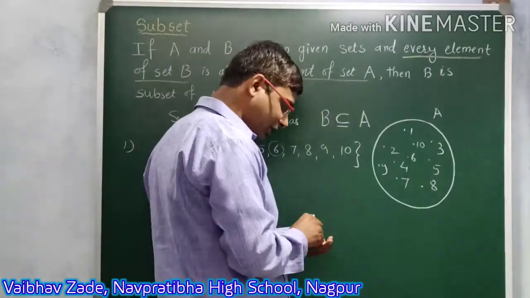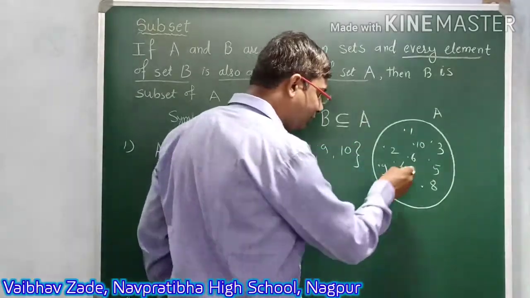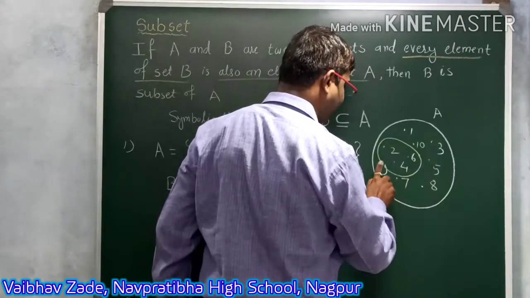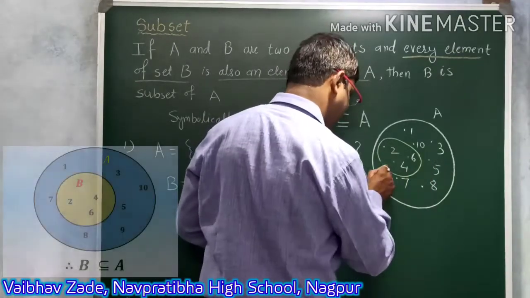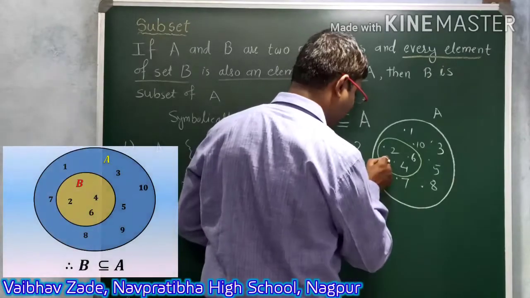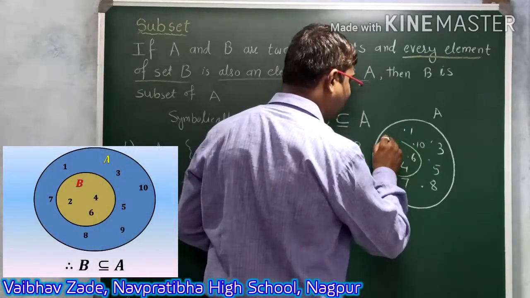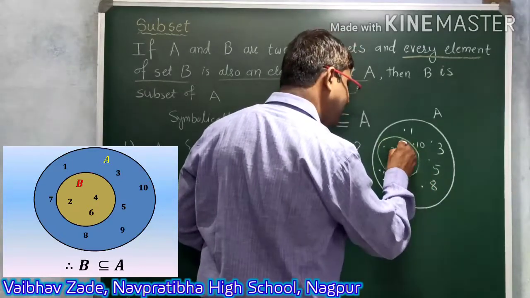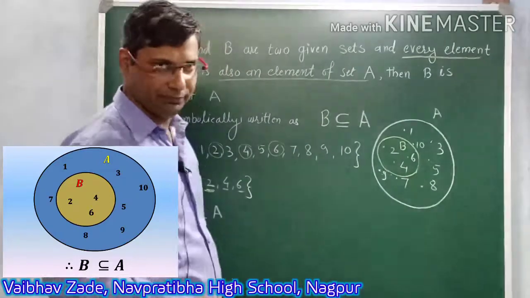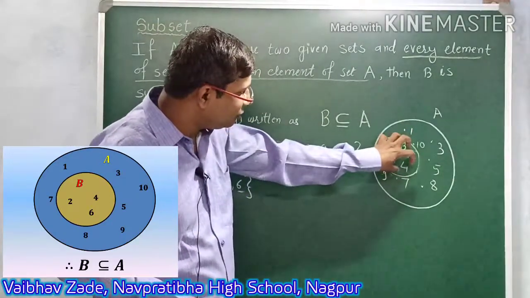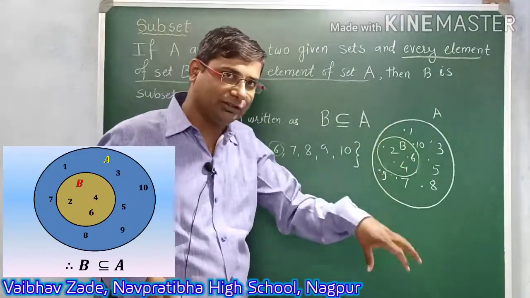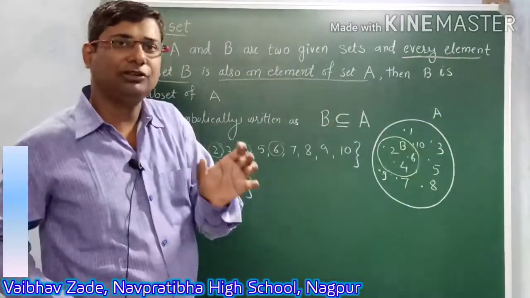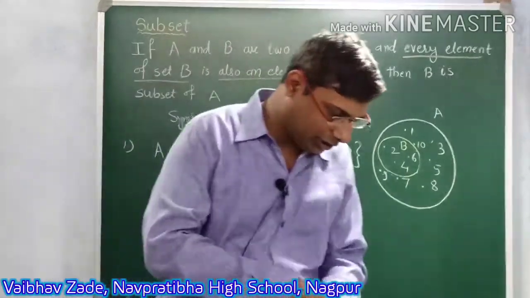These are in set A. Now I also draw set B here. Here is your set B. This is the subset. It means this set B is part of set A. What I do is collect some elements of set A and make another set. This B is a subset of set A. It means a subset is a part of set A. Let's see another example.